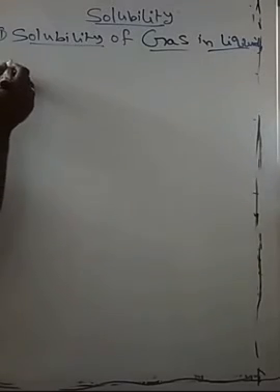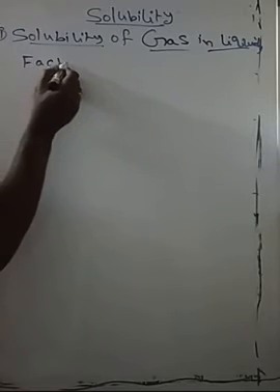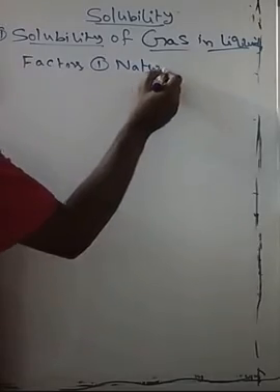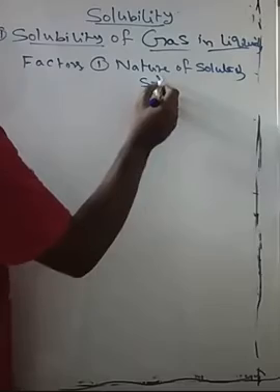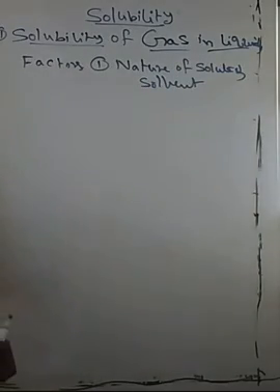Here also there are factors that influence the solubility of gas in liquid. What are the factors? One of the factors here is also the nature of solute and solvent. In this case also, the like dissolves like concept applies to the dissolving of gases in liquids. Like dissolves like means the force of interactions between the solute particles and the solvent particles becomes equal.